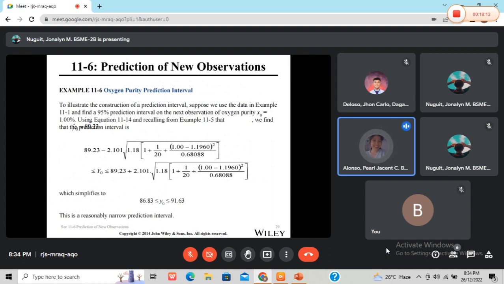And using the given formula, we can replace y hat sub 0 with the given value, which is 89.23, before applying it to the formula. And as you can see, the prediction interval simplifies to 86.83 is less than or equal to y sub 0, which is less than or equal to 91.63. Therefore, this is a reasonably narrow prediction interval. We'll go next.